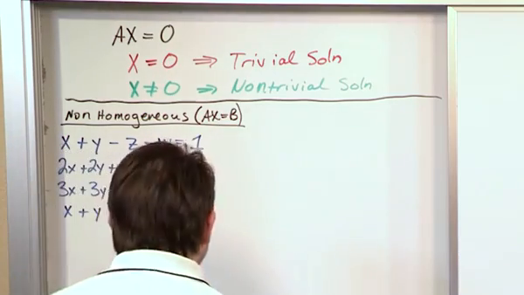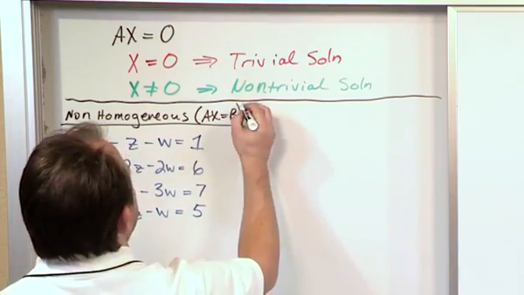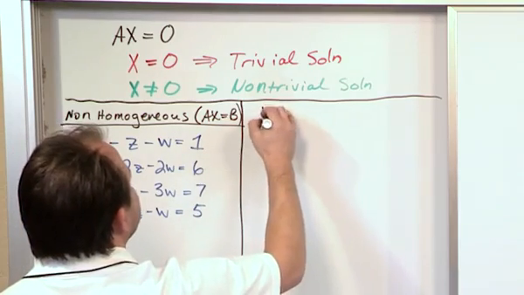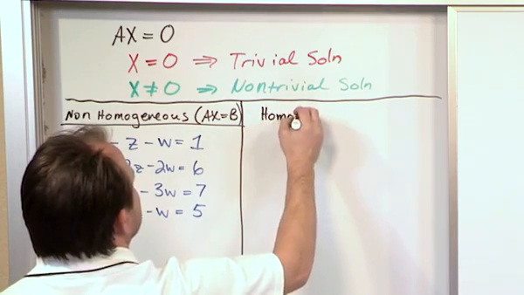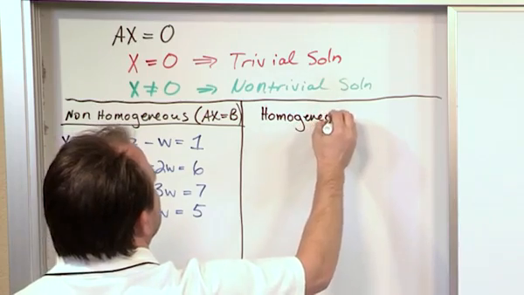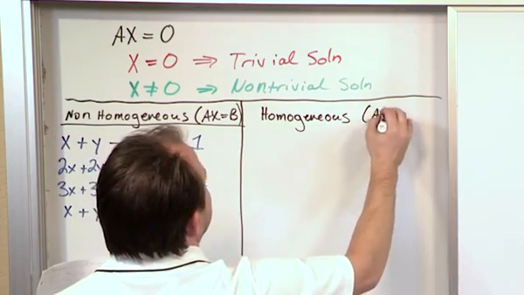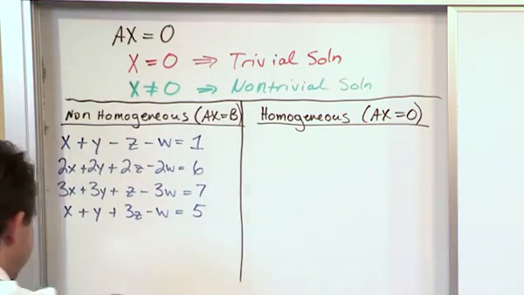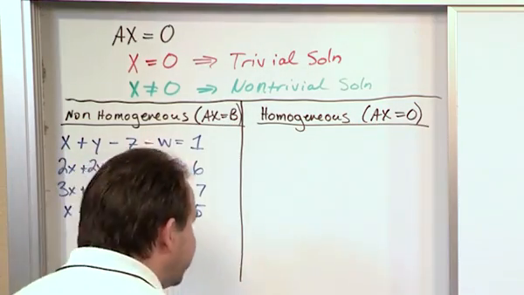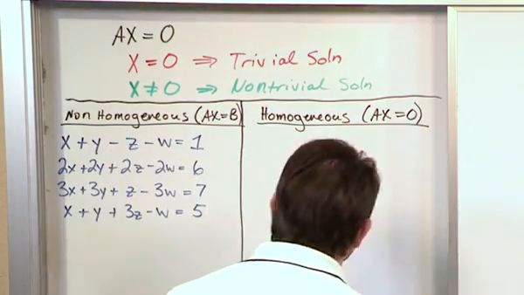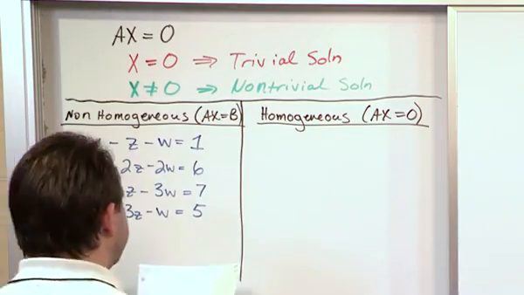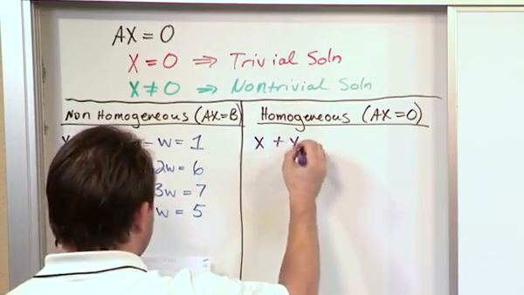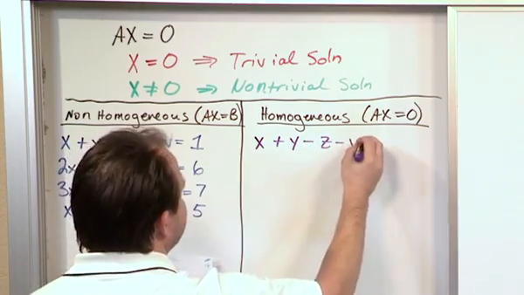Now I'm going to draw a little divider here, and over here we're going to write the homogeneous version, and that's AX is equal to 0. Basically it's exactly the same set of equations, but I'm going to put 0 on the right-hand side. I'm doing this for a very specific purpose, so that we can draw some conclusions here. So this set of equations would be X plus Y minus Z minus W is equal to 0.